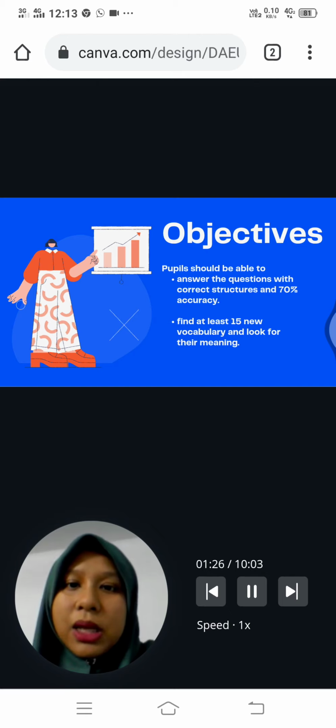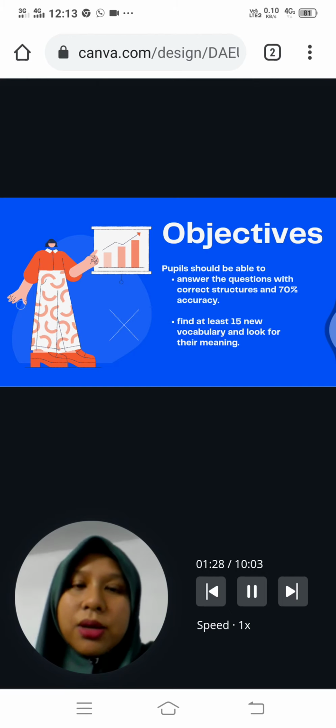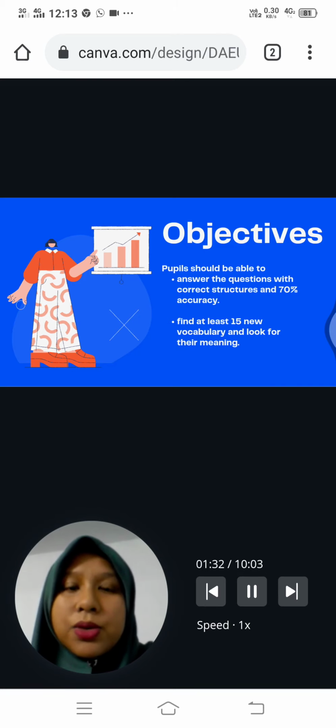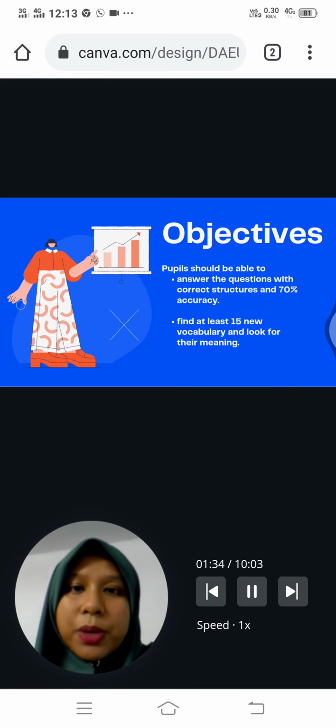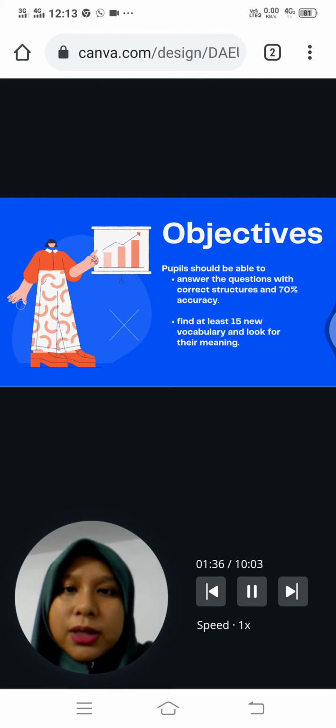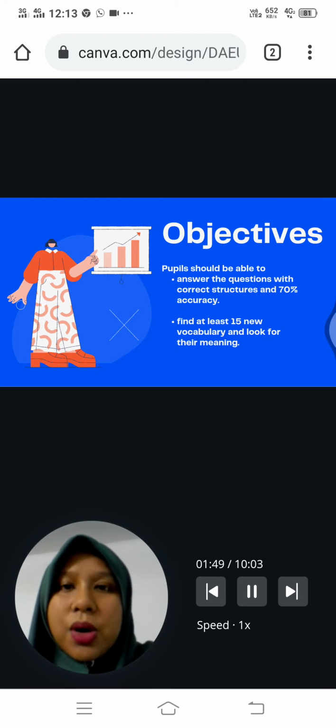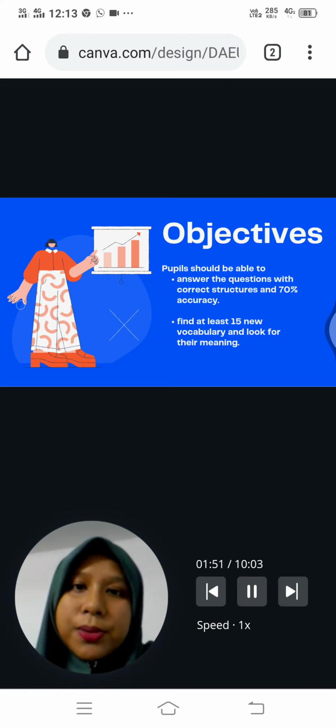Before we start, make sure to have your textbook with you. You will need to refer to pages 4 and 5. There are two stories. Throughout these slides, I'm going to share with you some tips on how to do reading comprehension.